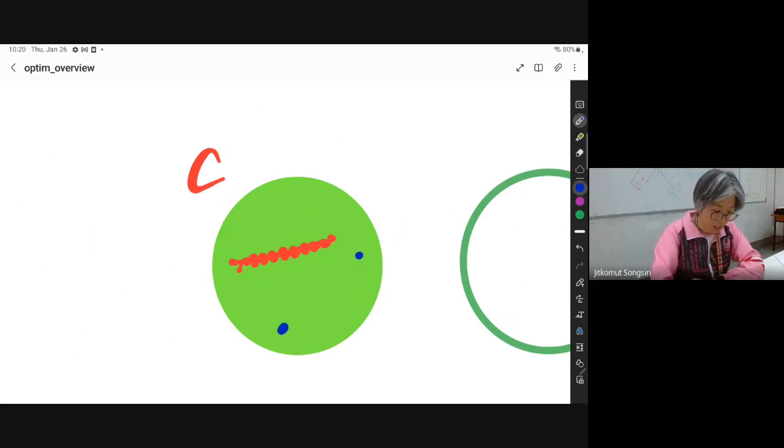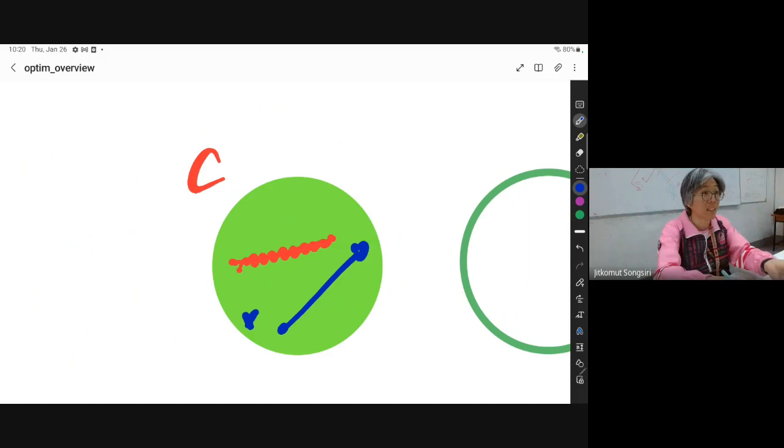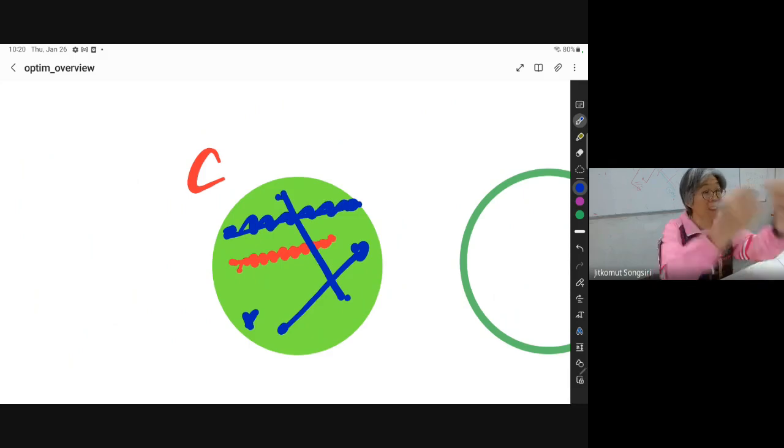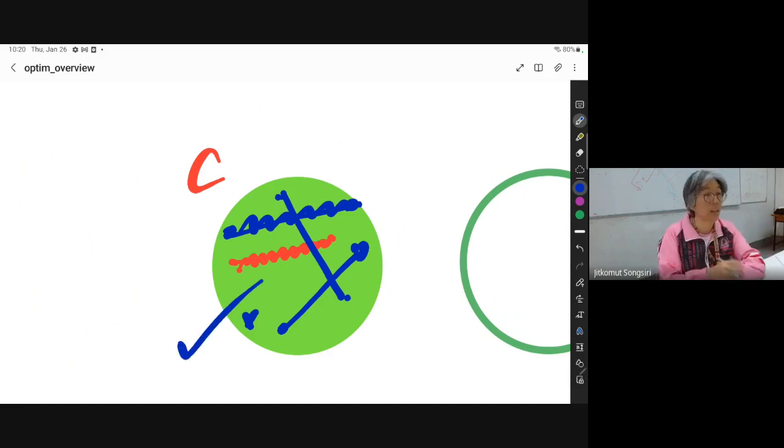Regardless of my choice of any 2 points, the blue segment is still in that set, and I can do it for any 2 points in the set. All right, I pick any 2 points in the set. The convex combination is still in that set, so that green set is convex.